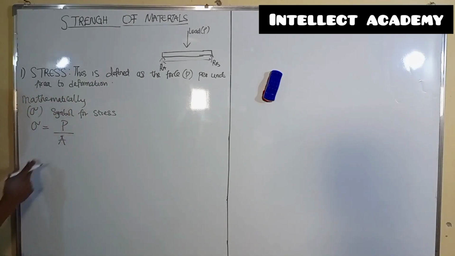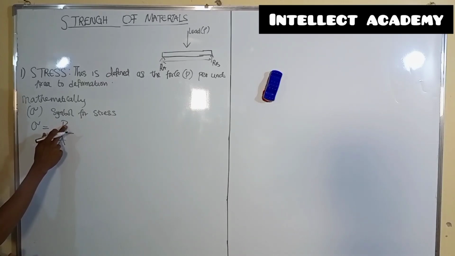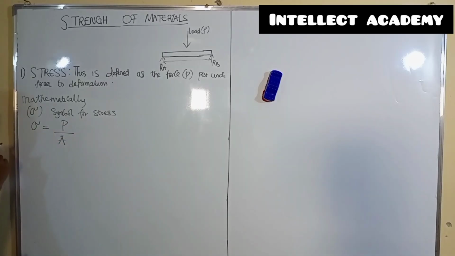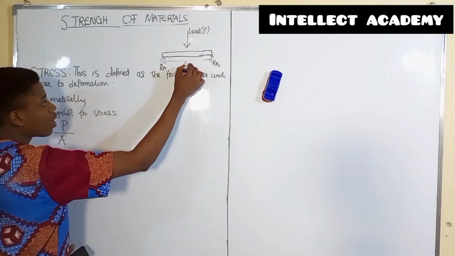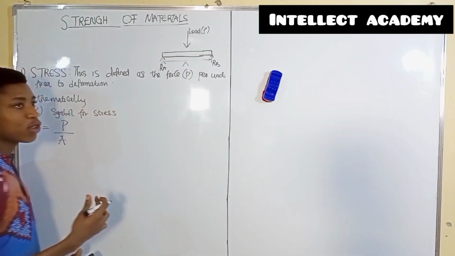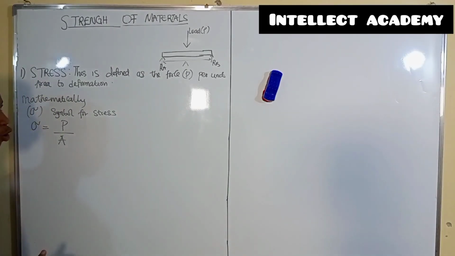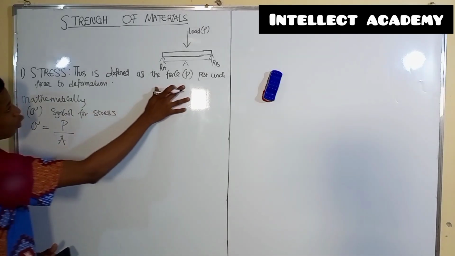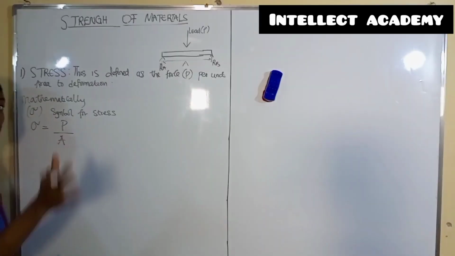So mathematically, you can say that stress is the load over the area. The area is this area of deformation or the area at which the load acts. You can also define stress as the force acting per unit area, or you can also define it as the force per unit area to deformation.